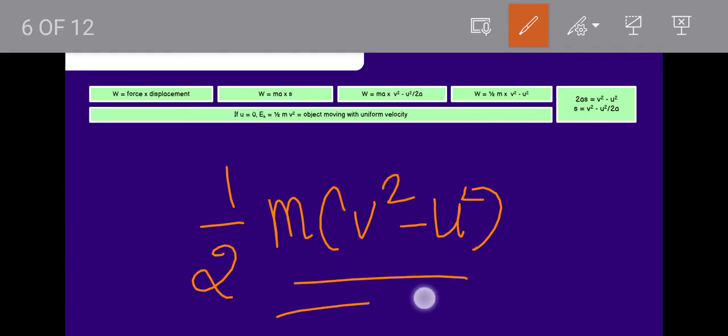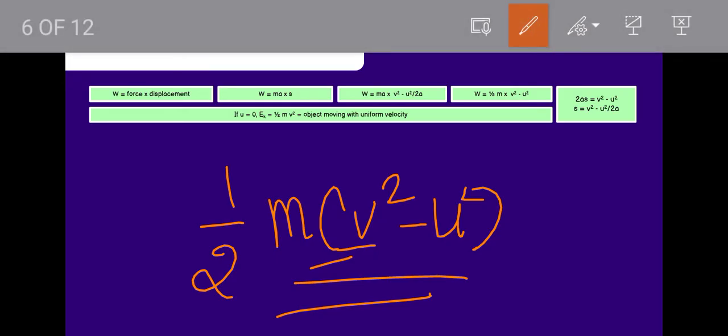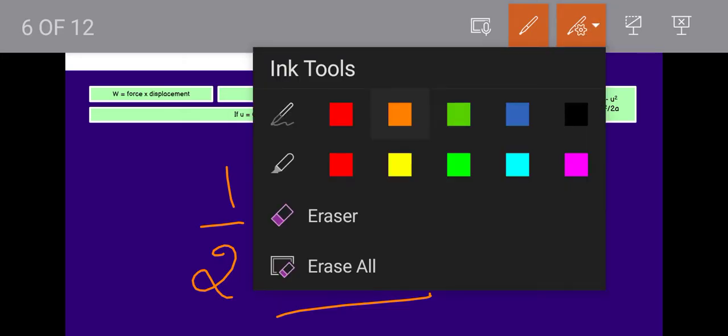So this is the formula for kinetic energy. Why? Because we are involving velocity here. And why is it written as half mv square only? Because when we consider kinetic energy here in this chapter, we are considering u as 0. So the object is moving in a uniform velocity.